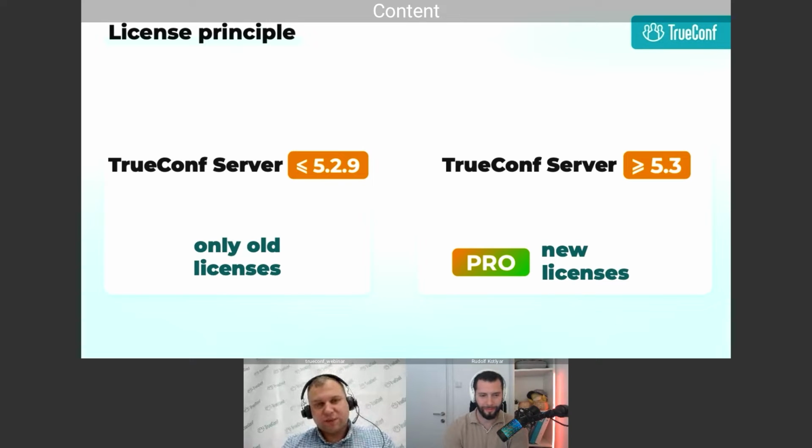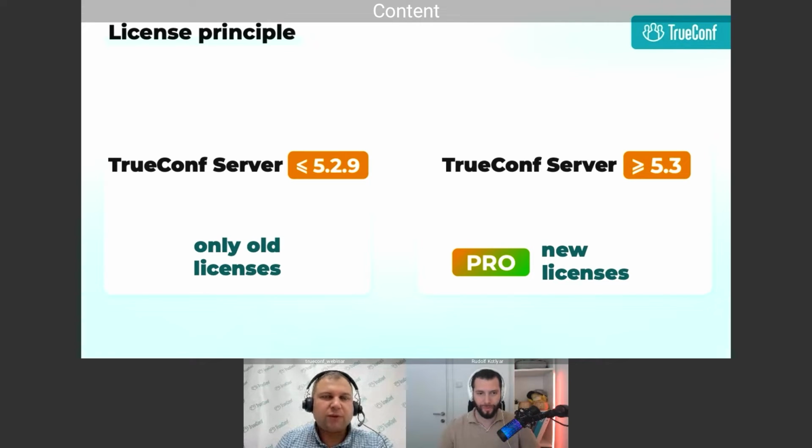So let's go into some details on how it's going to affect the existing installations. First of all, this is one of the most important parts. We always recommend updating and using the latest version of our server. It's not about new features, actually. It's not about new benefits the new licensing can bring you.